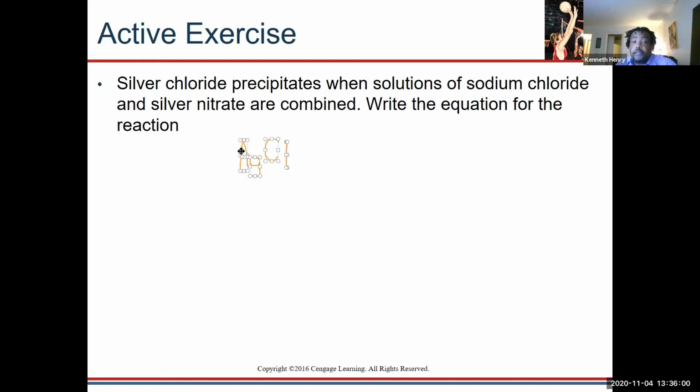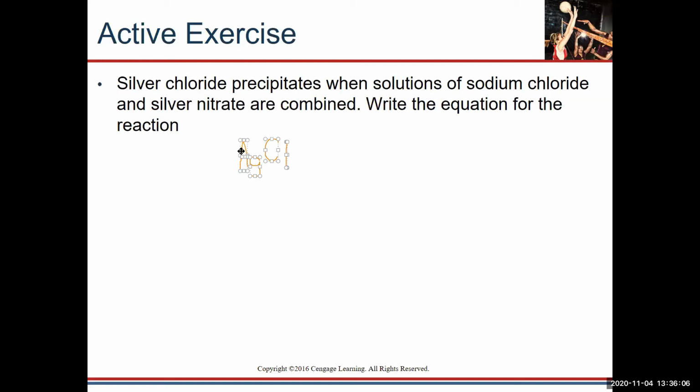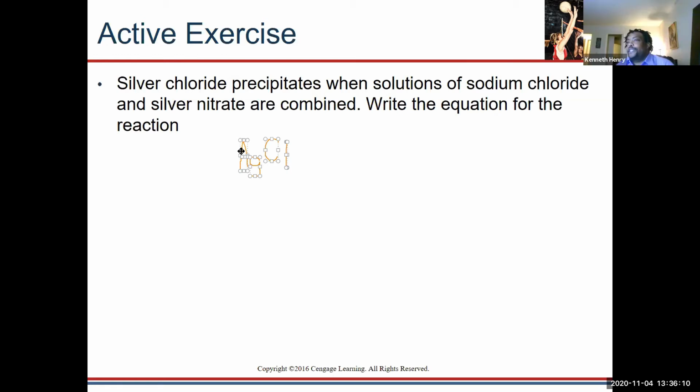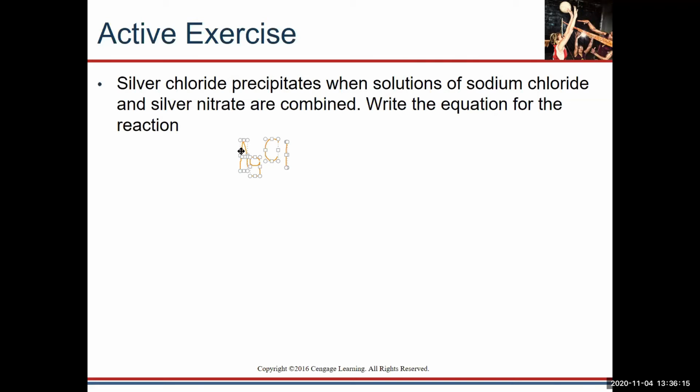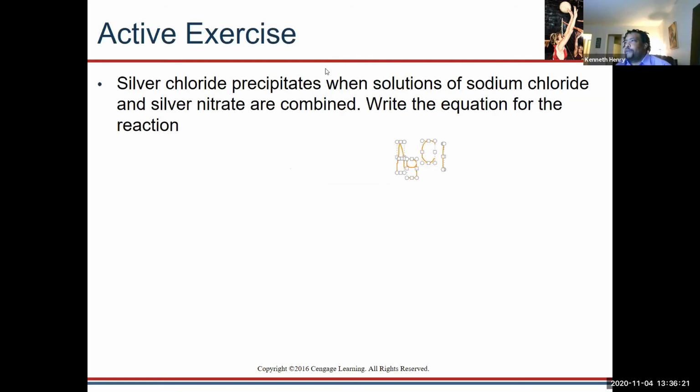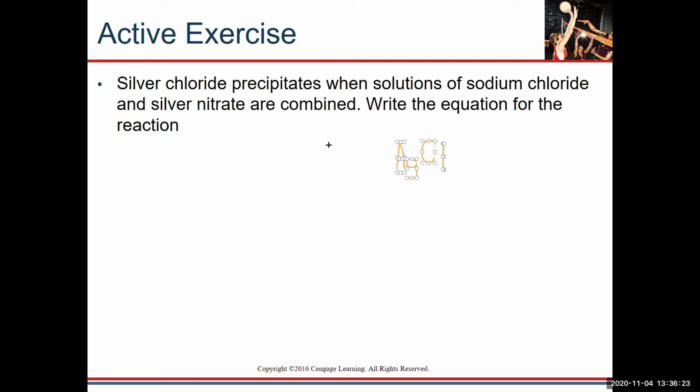Well, the formula is right, AgCl, but is that my reactant or is that my product? Reactant. Are you sure? Read the question. Read what it says. So sodium chloride and silver nitrate would be reactants. That's right. So AgCl is going to be one of my products. So the reactants would be NaCl.